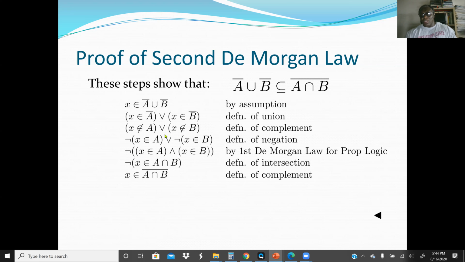This is AND, this V is or. So when we negate everything here, we negate the or and change it to AND. AND is the same as intersection. So here we can see that we negate everything, A intersect B.